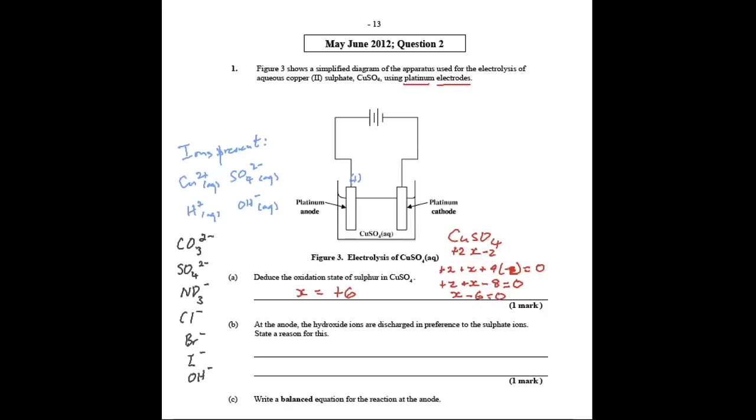So those at the top, they form more stable compounds, so it's harder for them to break apart. So those at the bottom now, the compounds they form are not so stable, so it's easier for them to be discharged or to be broken apart. So in this case, the OH- ions will be liberated preferentially, and we just need to state that OH- ions are lower in the electrochemical series, right? And that should give us the marks there. Well, the 1 mark really.